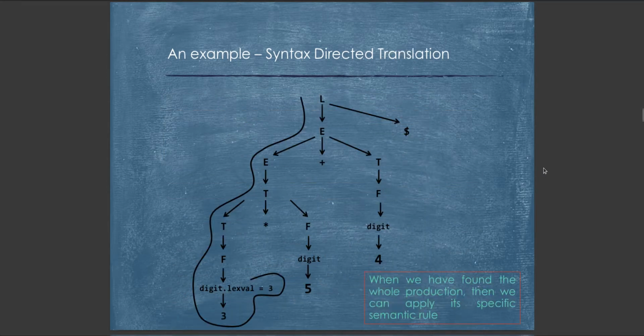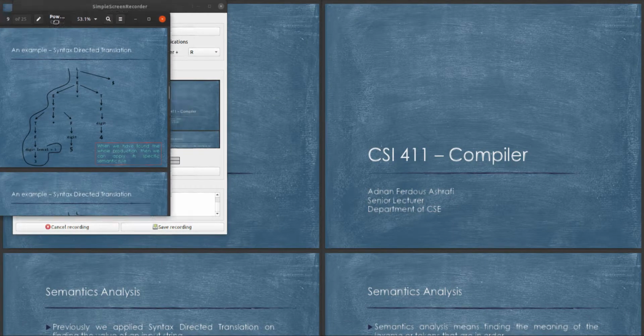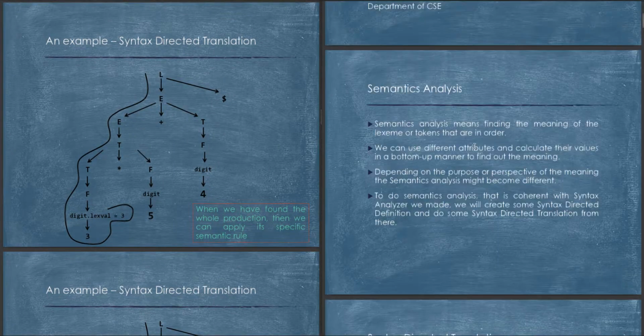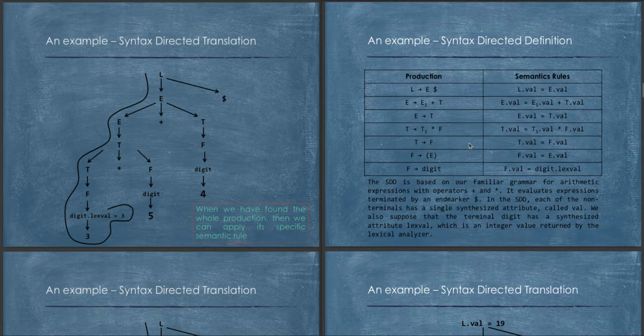So let's do something like that. Along with this tree, we will need our syntax-related definition. I'm opening it. Alright. So on the right-hand side you will see our productions and their semantic rules, and on the left side our tree, right? Okay, so we will try to match this tree with our semantic rules.